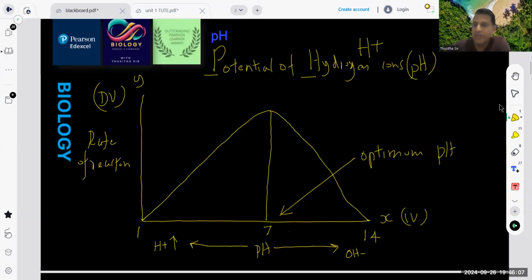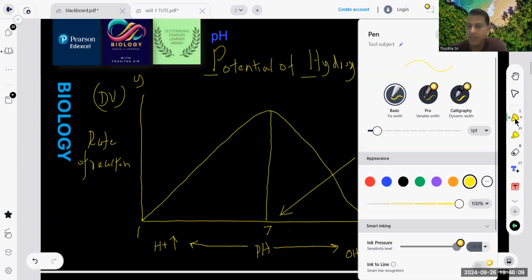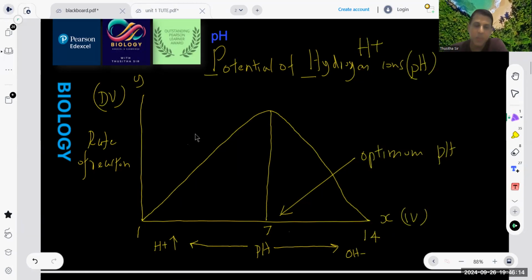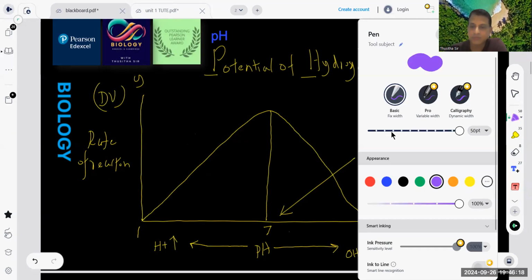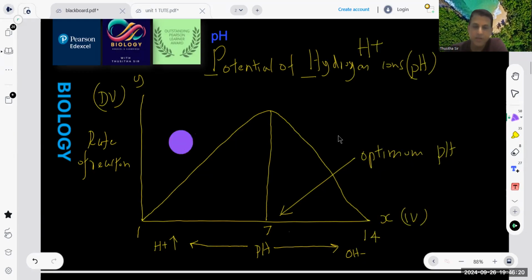Now, why the rate is low and why the rate is high, we can learn. Can you again copy this graph to your notes? So why this and why this?